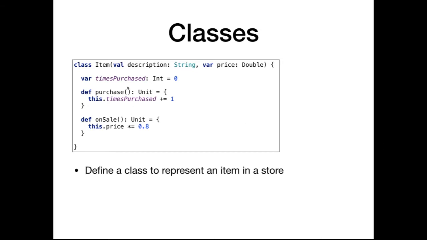So I want a class that's going to let me create multiple objects of this type item. I want multiple items in stock in my store, then track the times purchased for my accounting and to see when I need to reorder my stock and all that stuff. I want to track how many times it's been purchased.